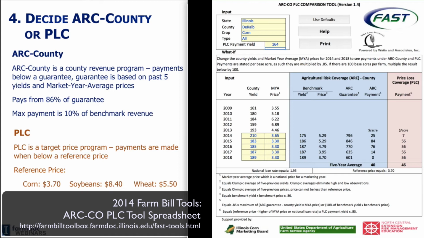Looking at their prices, they've got $3.50 for the first couple years, moving up into $3.64, $3.75, and then $3.92. You could plug those in and see. But I think to Gary's point, if you're above that $3.30 number, it's really hard to make PLC work better for a corn crop in this situation.